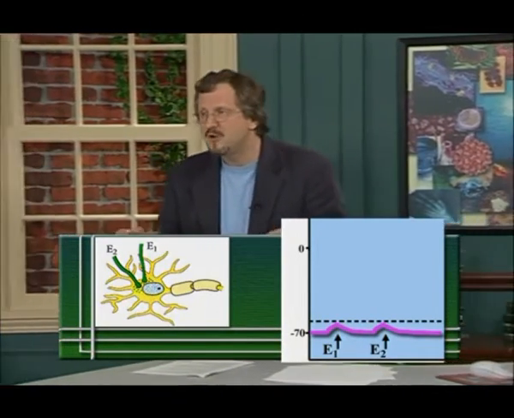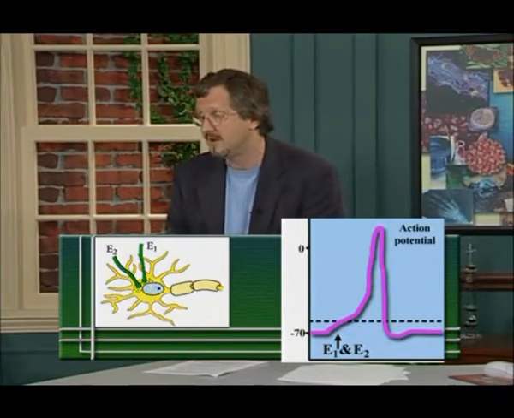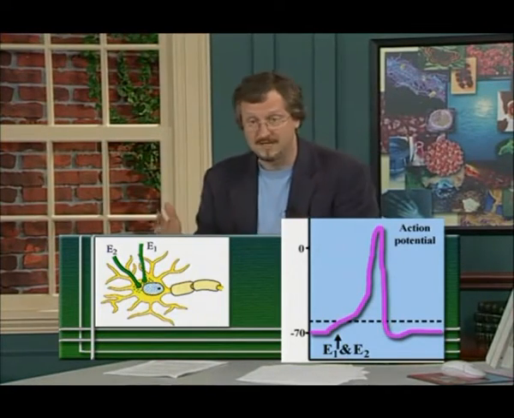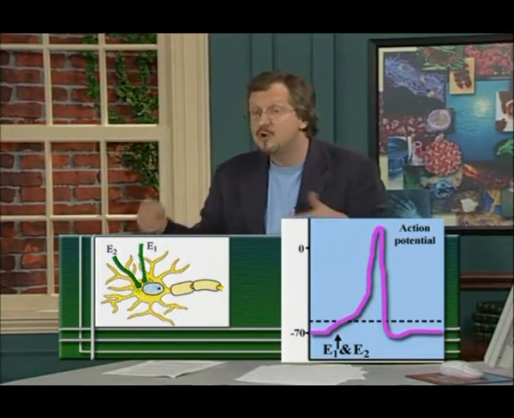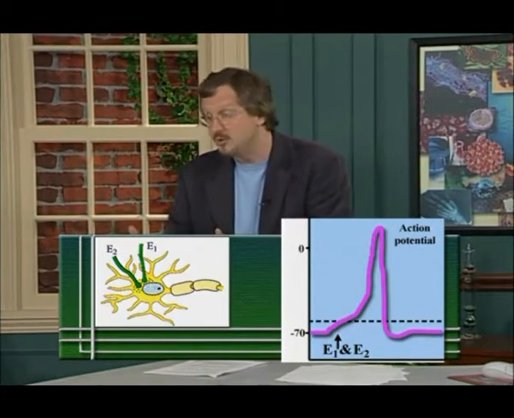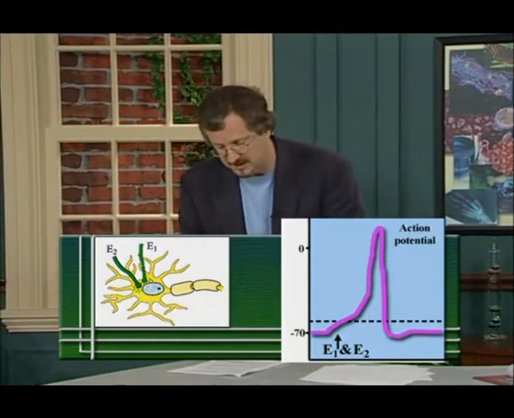But imagine if those 2 synapses fired at the same time, or relatively close in time. Then their combined depolarization would sum again. And this summation, the 2 inputs occurring at once, could be enough for the second cell to come to a point where it reaches threshold and fire its own action potential.